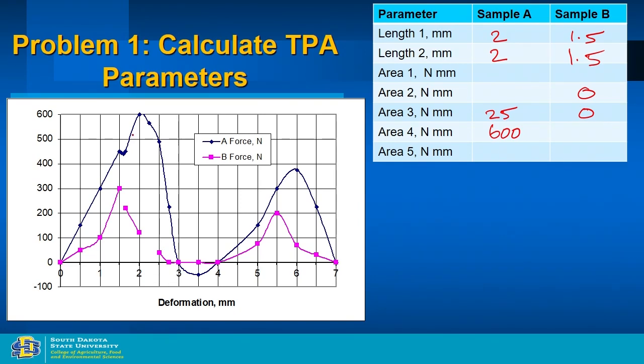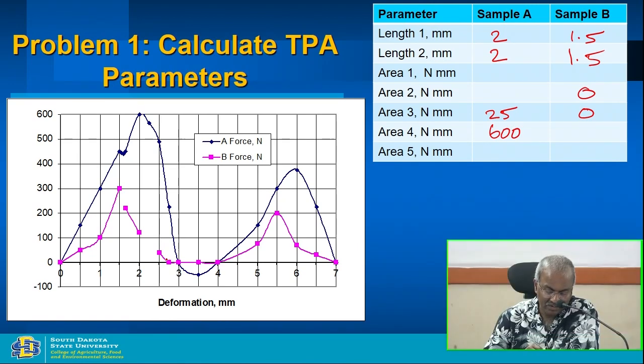I'm taking this as a proper triangle, which may not be right. So this is half, 600, 300. A5 is 300.